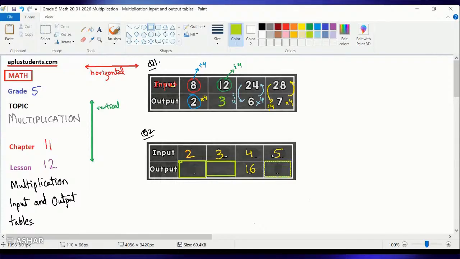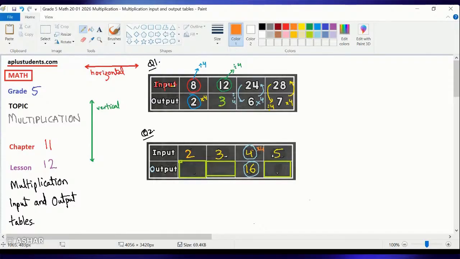What we need to see over here is that once we put 4 as the input, the output came out to be 16. That means the number 4 has to be multiplied by a specific number. 4 is to be multiplied by 4 and we get 16.